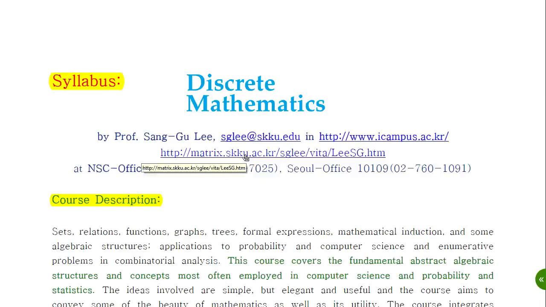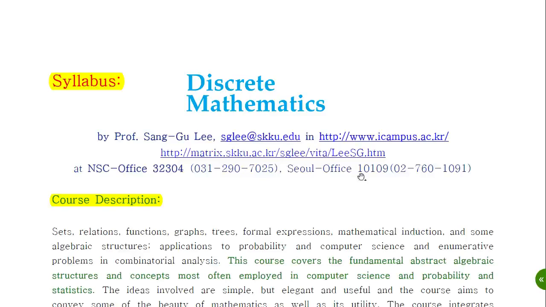You will be able to find out about my interests and my work on this web page. My office at this Natural Science campus is 32304, in this same building, third floor, the first room just next to here. This is my office phone number, so when you need to catch me, you can call this number.